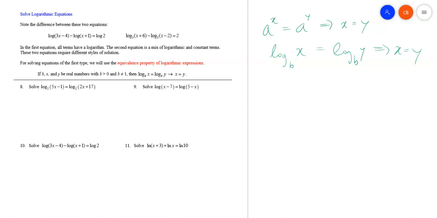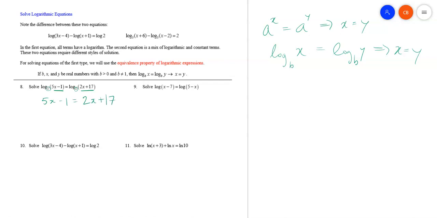So you notice here for number 8, it's already set up so nicely for us. We have log base 2 of the quantity 5x minus 1 is equal to log base 2 of this other quantity 2x plus 17. Since the bases on the logs are the same, they are both base 2, and these two logs are equal to each other, then we can say that the 5x minus 1 and the 2x plus 17 are equal to each other.